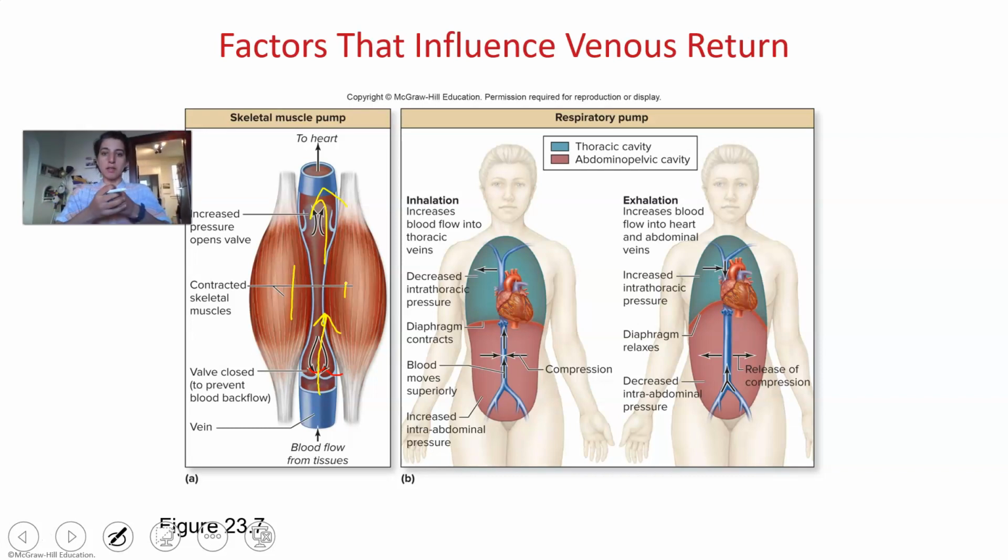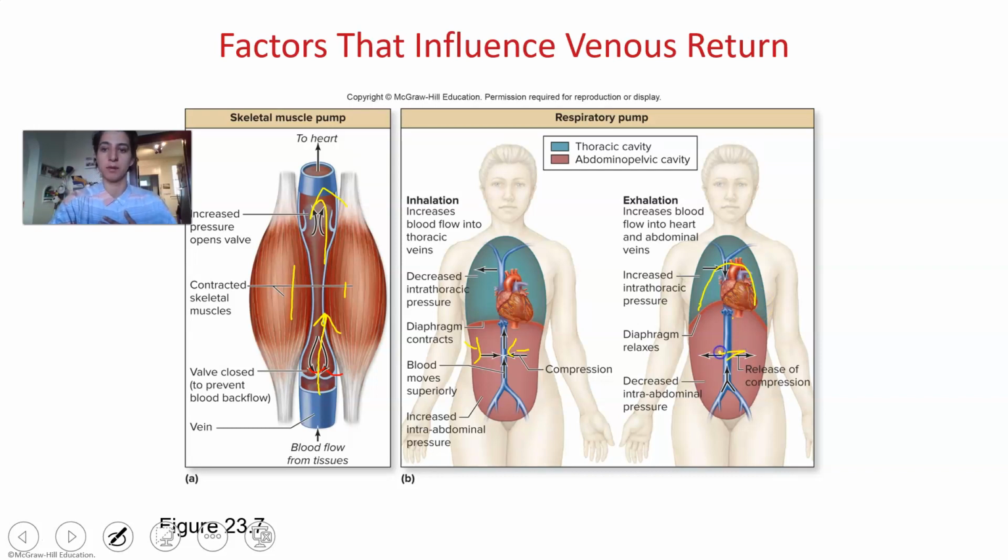By decreasing the volume in the abdominal pelvic cavity, you're increasing the pressure and causing compression of blood back in the veins through the inferior vena cava back to the heart. Okay, that's when you inhale. Then you exhale, you decrease thoracic volume and increase thoracic pressure.